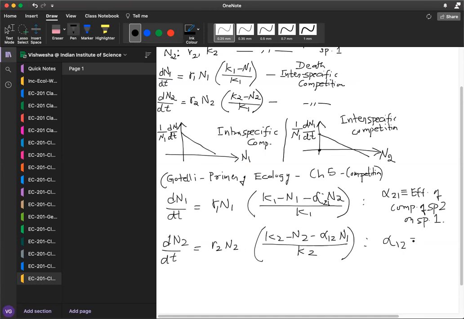Likewise, alpha 1,2 is the effect of competition of species 1 on species 2. I think Gotelli uses alpha and beta, but I prefer this to remind ourselves of the direction of competition. Are the equations fine? These are called the Lotka-Volterra competition model.